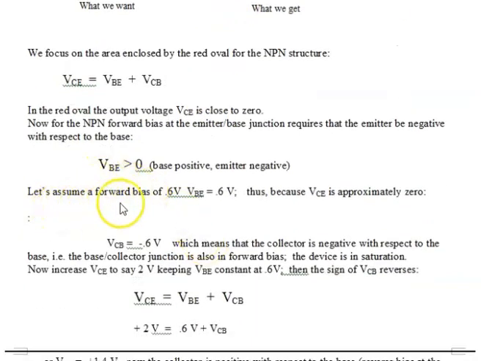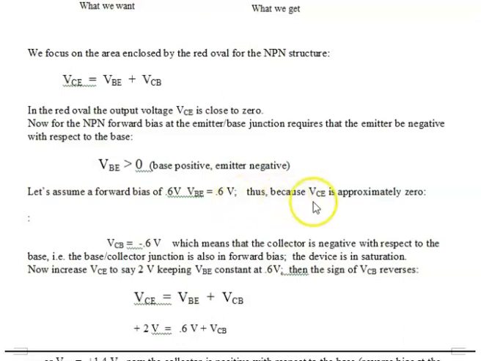So if I put a forward bias of 0.6 volts, which means that the base is positive with respect to the emitter, and for an NPN, that's exactly what we want, because we want to push electrons into the base-emitter junction to narrow the junction.